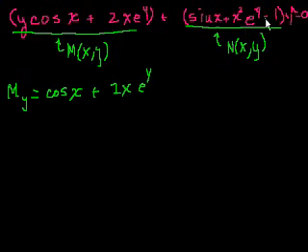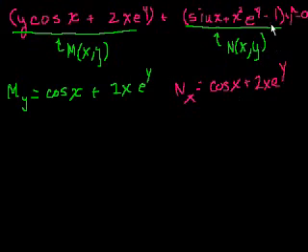Now, what is the partial derivative of this with respect to x? So N sub x, or the partial of N with respect to x. So what's the derivative of sine of x with respect to x? Well, that's easy. That's cosine of x plus 2x times e to the y, right? E to the y is just a constant because y is constant when we're taking the partial with respect to x. So plus 2x e to the y, and then minus 1.